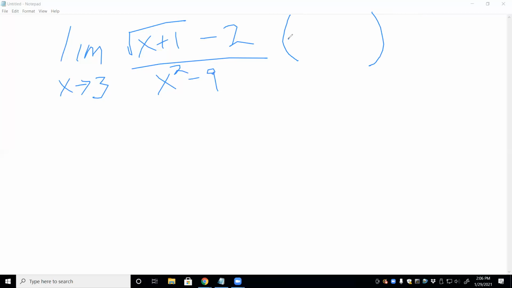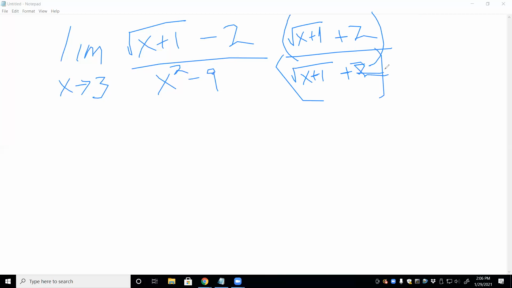And what is the conjugate? It's the square root of x plus 1 plus 2. And since I can only multiply a function by the number 1, I have to do the bottom too, the square root of x plus 1 plus 2. I'm now multiplying it by the number 1.